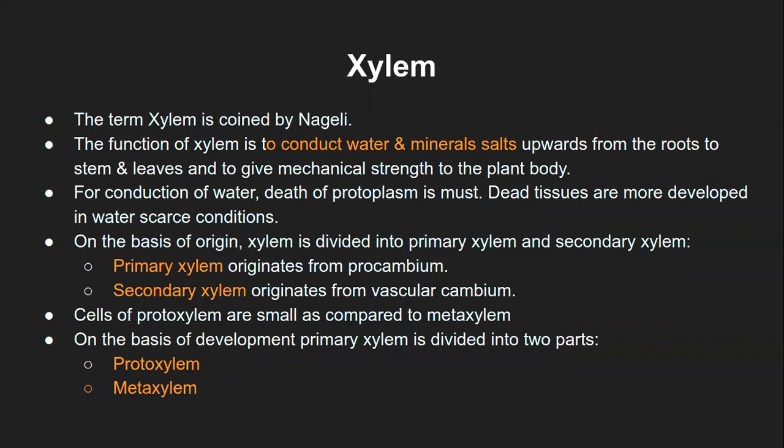So procambium is present in the earlier versions of the plants, that is when the plant is very small, and some cells of the procambium will develop into protoxylem, and those protoxylem cells will differentiate further into metaxylem. So that's the sequence of events.